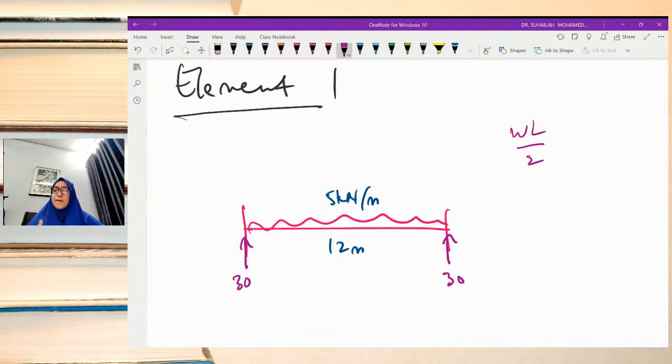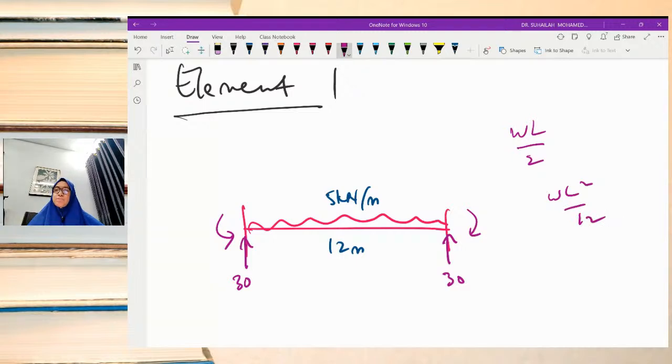And the moment is always acting in opposite directions, because of the fixed end reaction behavior. So we calculate based on the formula WL squared over 12.